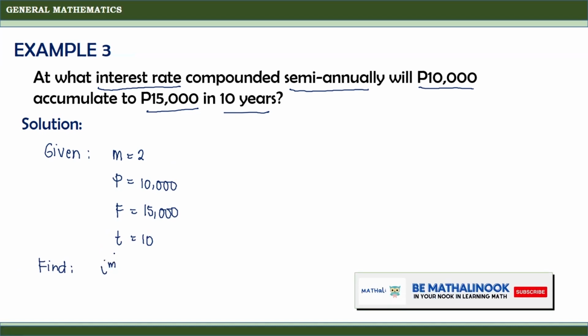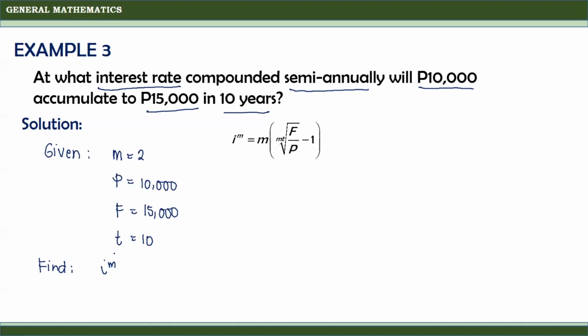To solve for the interest rate, we can use the formula IM equals M times the MT-th root of F divided by P, minus 1. Next, we substitute the givens into our formula. So we will have 2 times the 2 times 10 root of 15,000 divided by 10,000, minus 1.